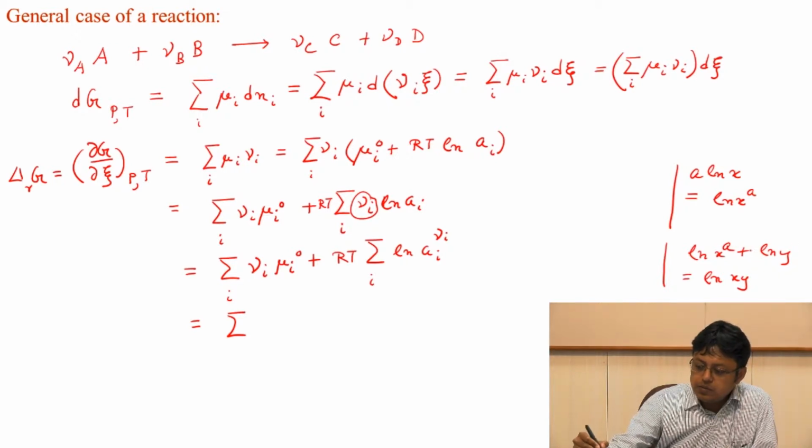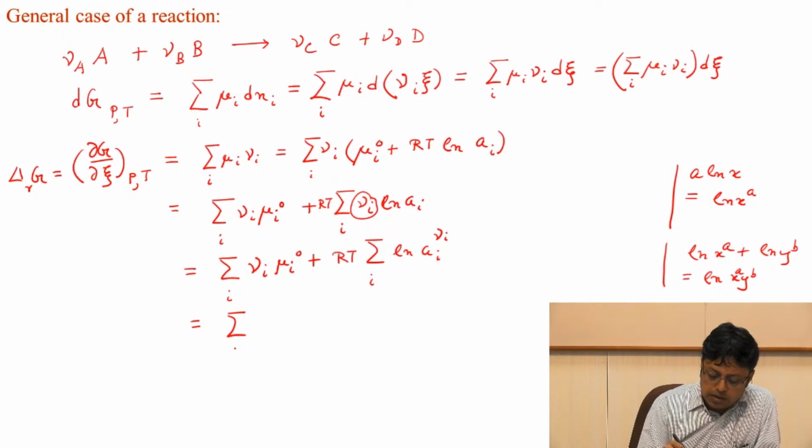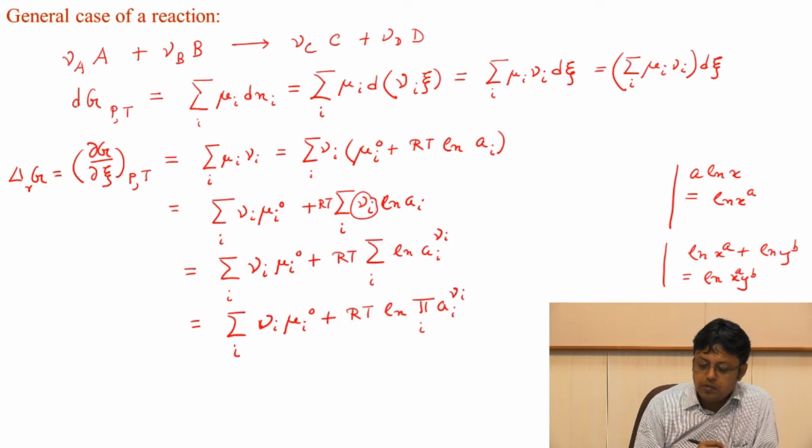So x was raised to a and y was raised to b, so it will be something like x raised to a, y raised to b. So we can write it as the sum of nu i mu i 0 plus RT and ln of the product of all these terms, a i to the power nu i.